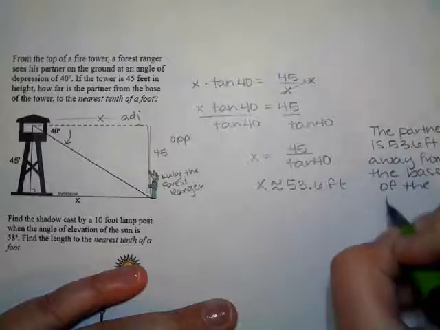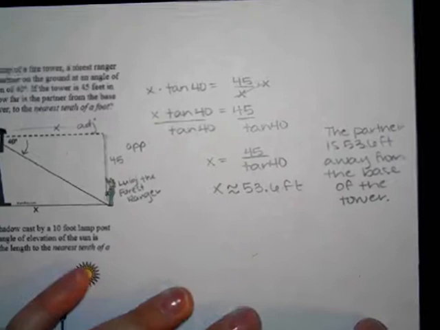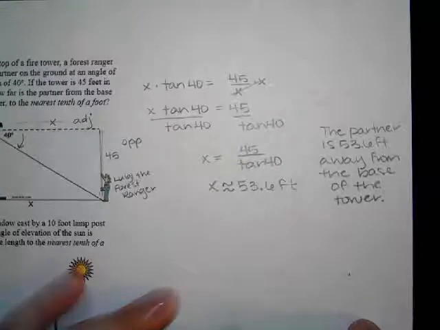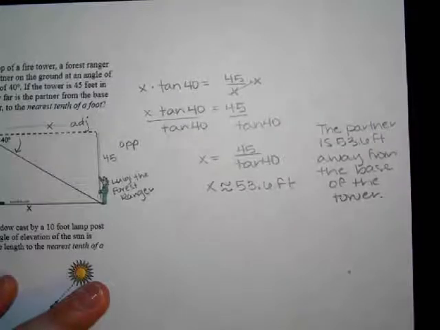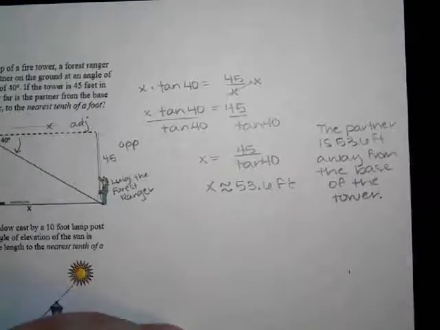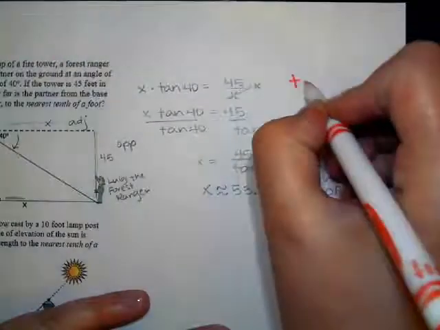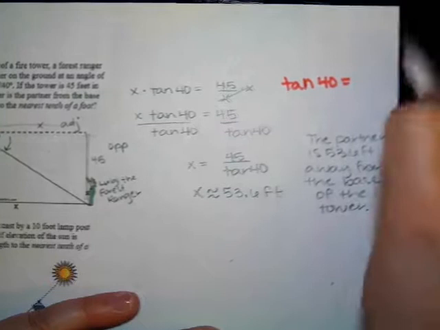Okay, I want you guys to notice something because we've done a few of these problems. So I'm going to write it in marker on the side. The problem that we started with, the first formula, we said tan 40 equals opposite over adjacent.